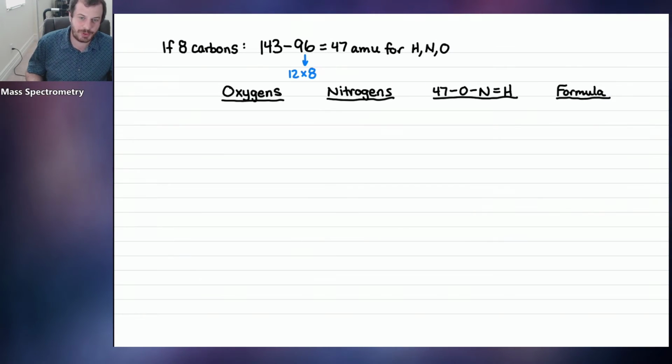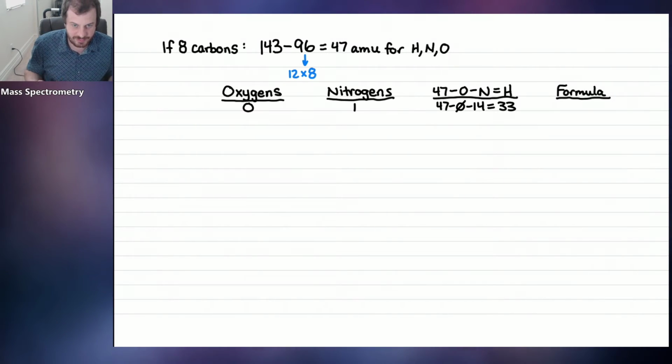Okay, so let's pretend we have 0 oxygens. We know we need to have an odd number of nitrogens, so let's pretend we have 1 nitrogen. What is that number of hydrogens going to be? Well, we'd have 47 minus 0, because we have no oxygens, minus 14 for 1 nitrogen, and that's going to equal the number of hydrogens as 33, if we do that math.